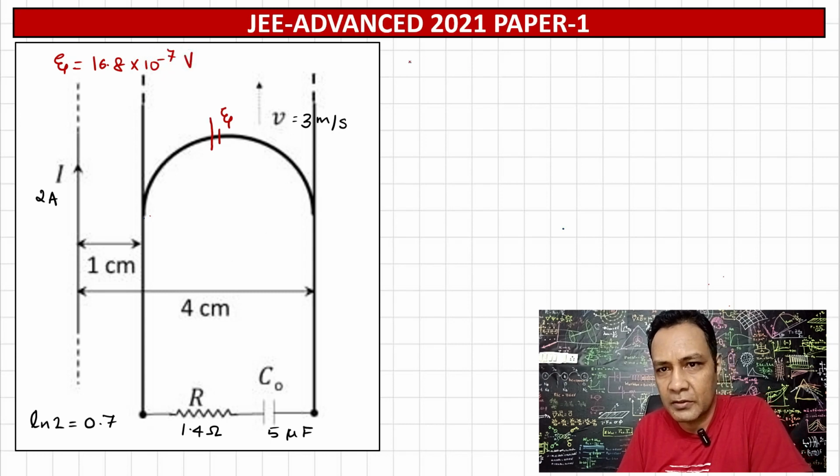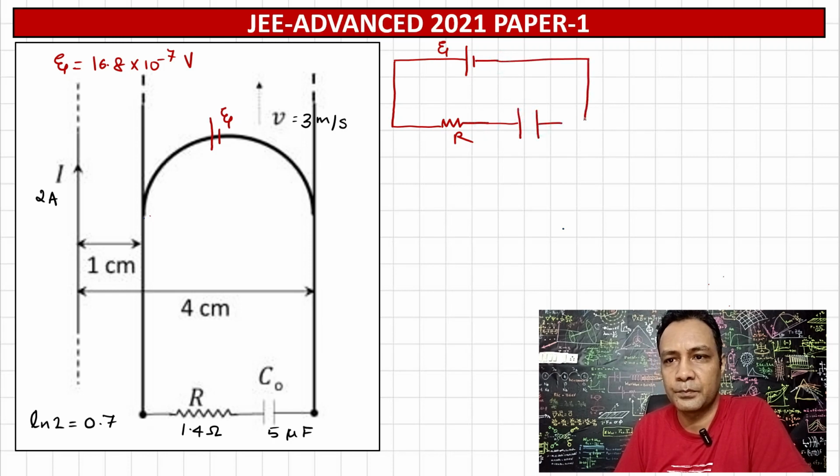So basically this thing is a kind of this circuit. So this is a battery EMF, and then there is this R, and this is C. So this is a kind of a charging of a capacitor circuit. So this is C naught. Initial the charge was 0.